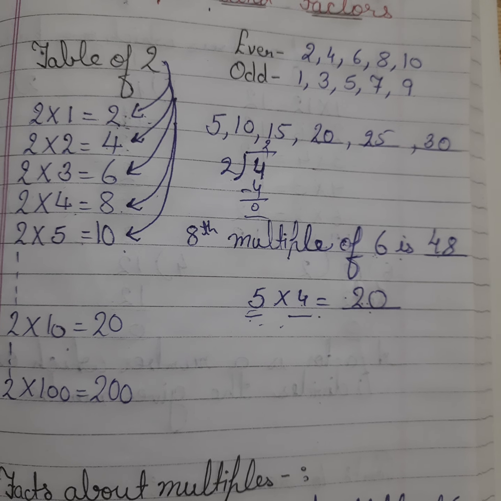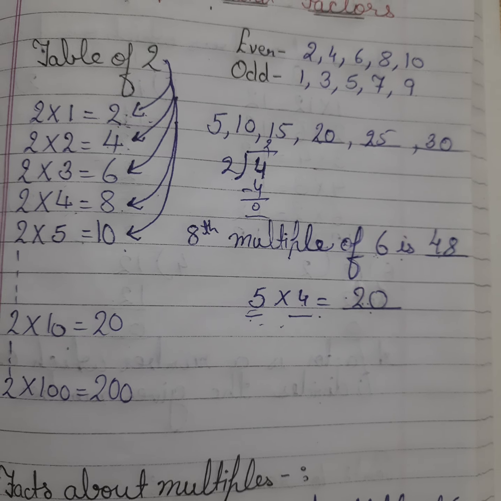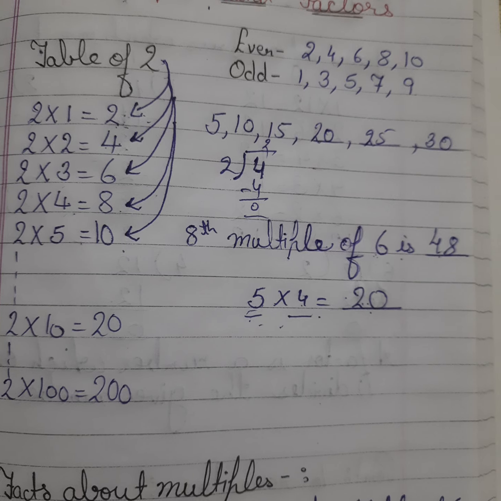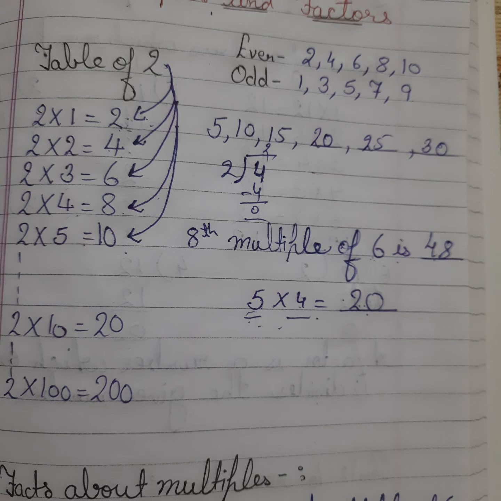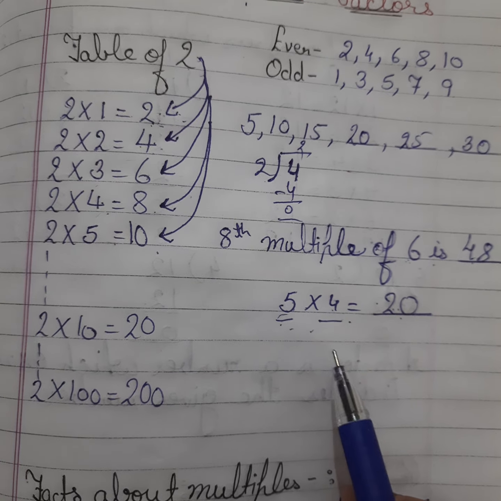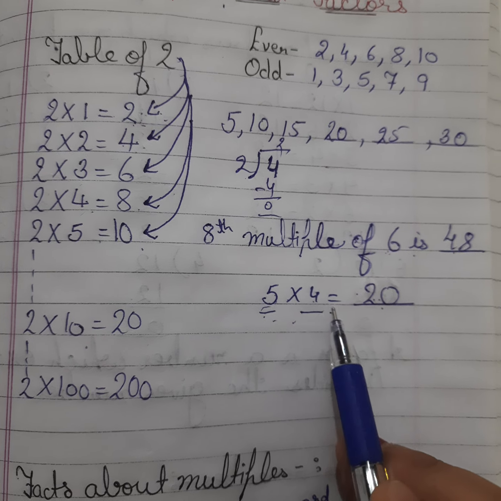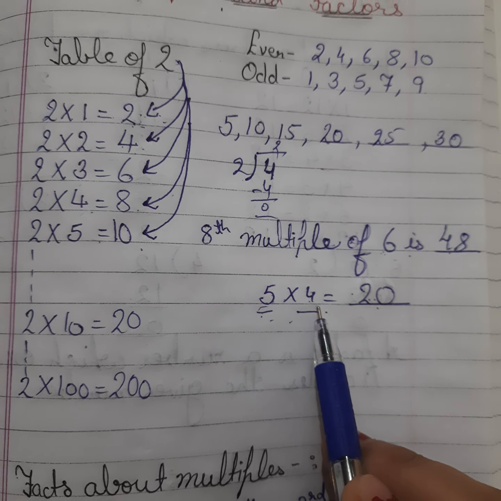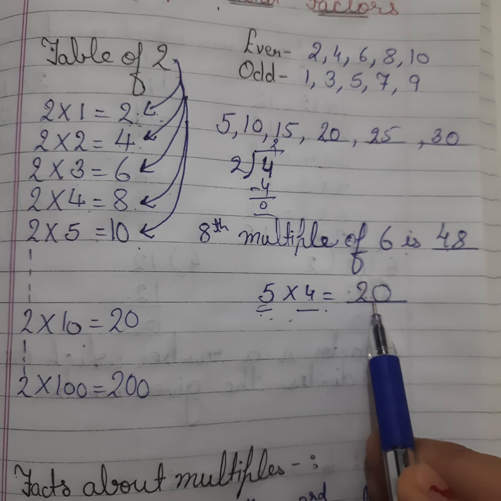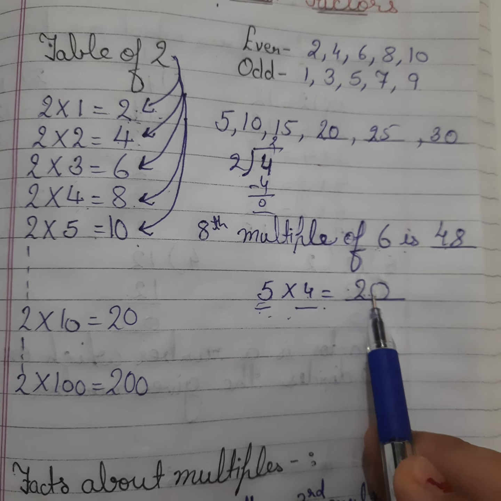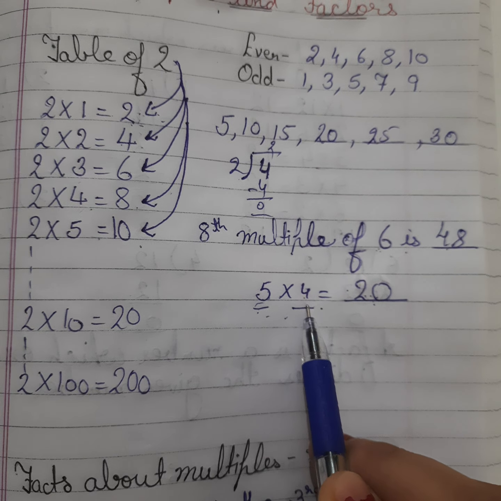Those 2 numbers or 3 numbers are the factors, and the answer we get is called the multiple of those numbers. Here I have written 5 and 4. So 5 into 4 is equal to 20. So we can say that 20 is the multiple of 5 and 4.